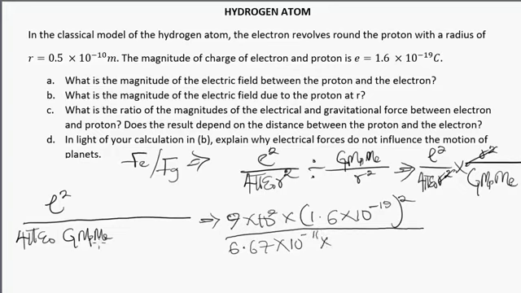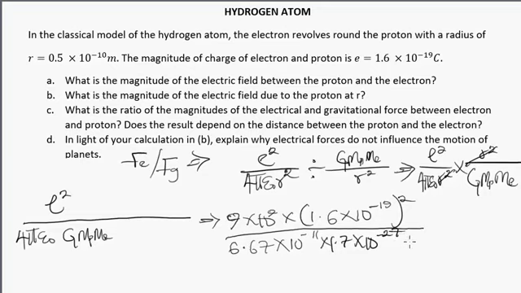Then we're going to multiply this by the mass of the proton, and the mass of proton is 1.7 times 10 to the power of minus 27. So I'll simply go ahead and multiply this by 1.7 times 10 to the power of minus 27.